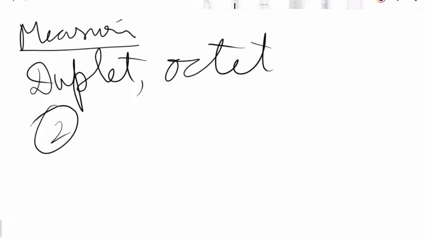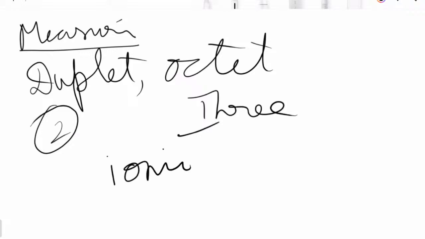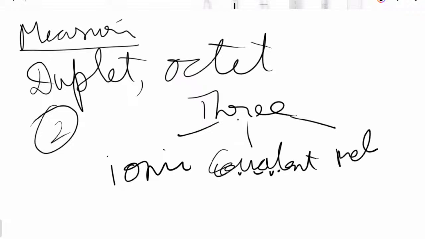So usually there are three types of chemical bonds. One is ionic, one is covalent, and another one is metallic. Ionic happens between metal and non-metal.